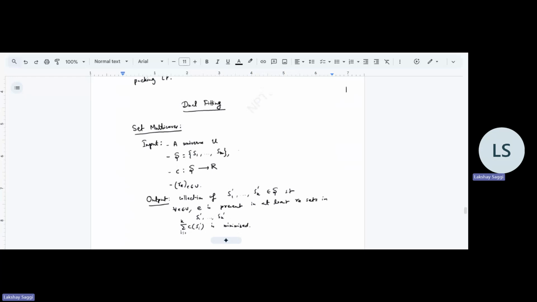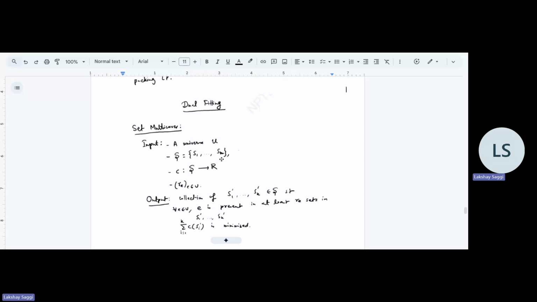There can be constraints like, what if we are allowed to choose a set more than once? In the set multi-cover problem discussed in the lectures, I don't think there was any discussion about that. You are allowed to select each of these subsets at most once.